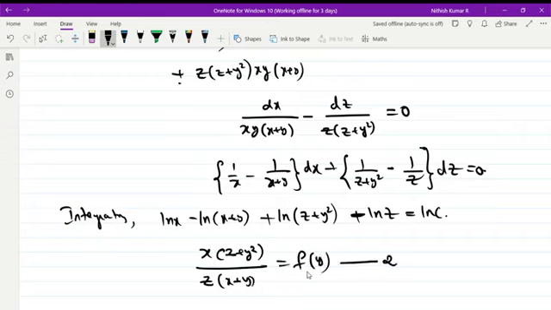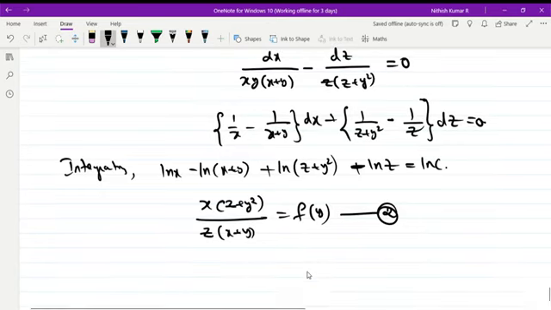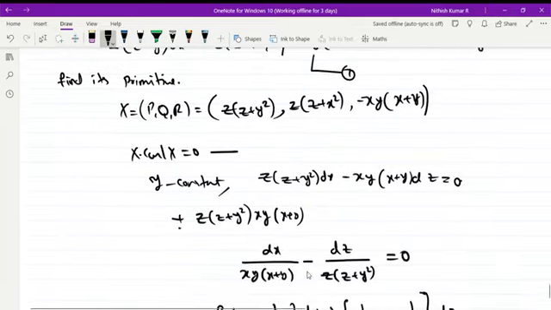In the theory we discussed, we took it as xi of z. So here I am taking f of y. In the above discussion we took x equal to alpha. So here I am taking z equal to 1 in equation 1, that is, in my given differential equation.